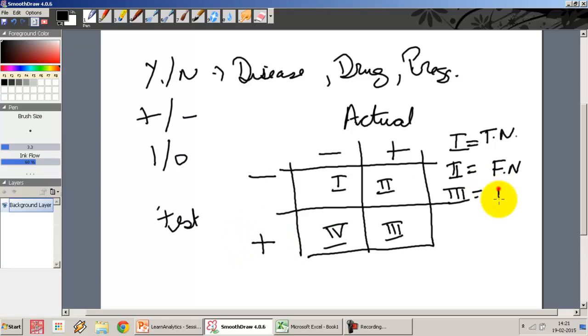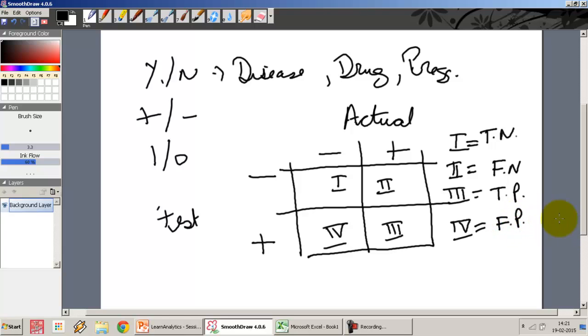This is known as a true positive. That means we've captured the condition correctly. And let's look at quadrant 4. The test result came out positive, but the person is actually negative, i.e. the person does not have the disease. Positive, but actually not so. So this is a false positive.